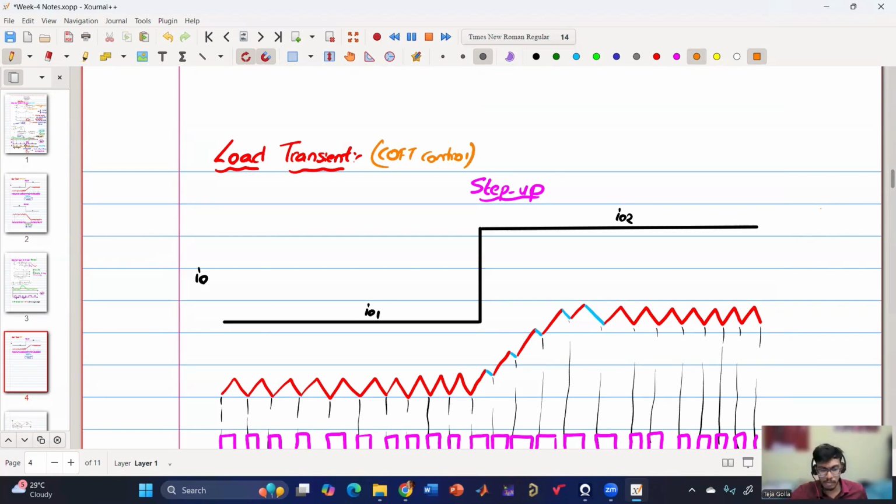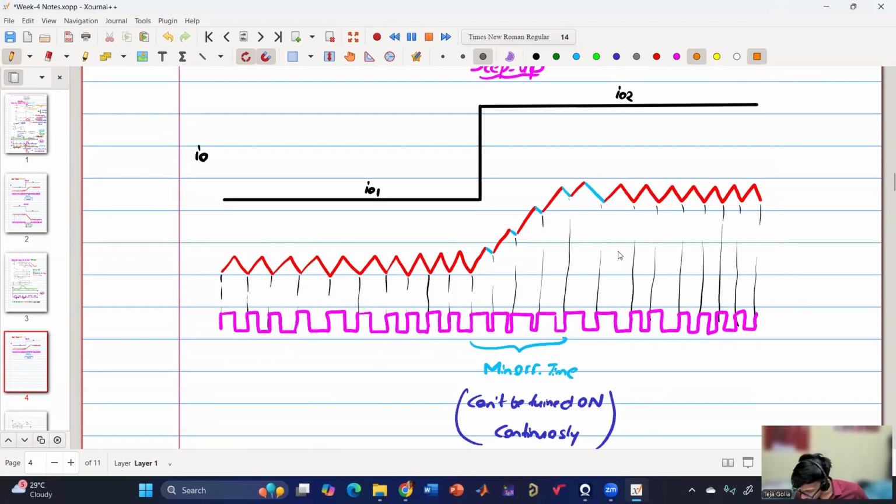So in the case of step up, what can happen? My on time can be different, right? So we don't have this issue. The response will change. How will the response look like? The response will look like something like this.